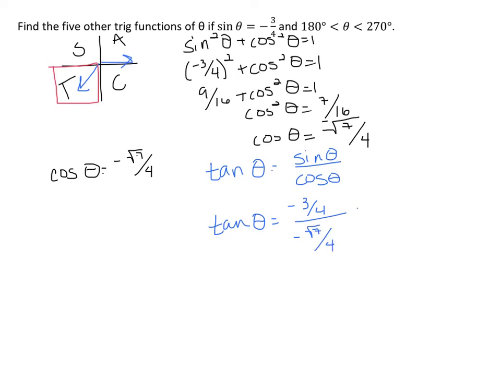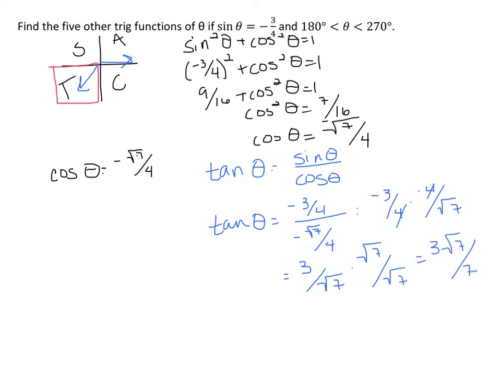If we copy dot flop, we end up with 3 over the square root of 7. But remember, we're not allowed to have that radical in the denominator, so we can multiply by the square root of 7 over the square root of 7 to get 3 square roots of 7 over 7. So that's going to be the tangent.